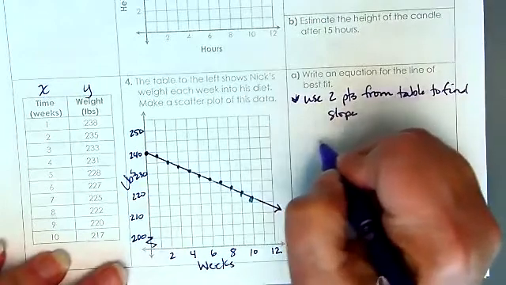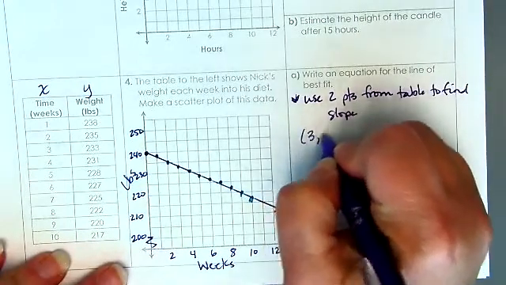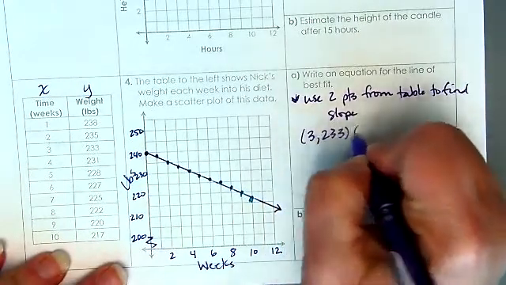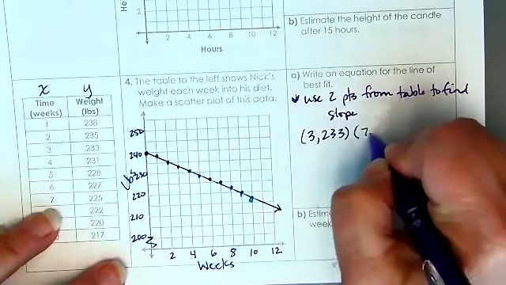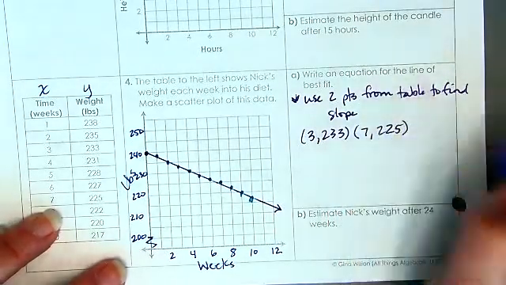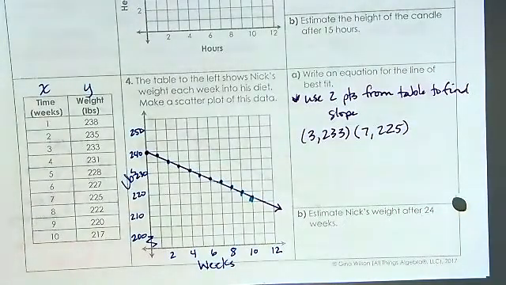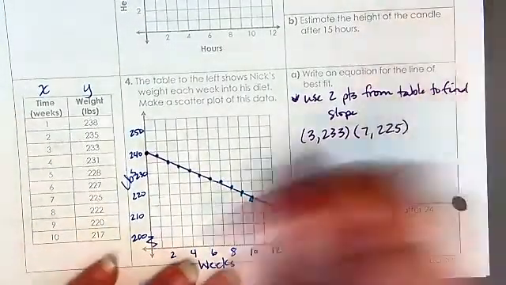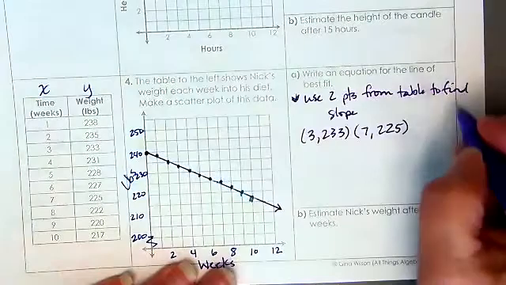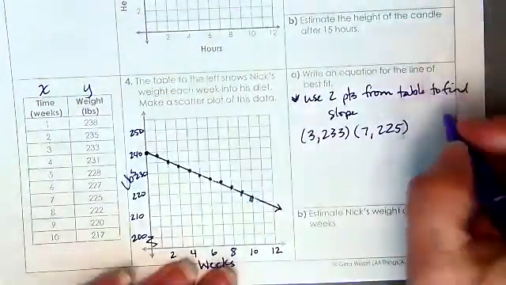So I'm just going to pick 2 points. I'm going to do 3 comma 233 and 7 comma 225, because I'm just trying to get a space between them. Okay, not both from the top, not both from the bottom.